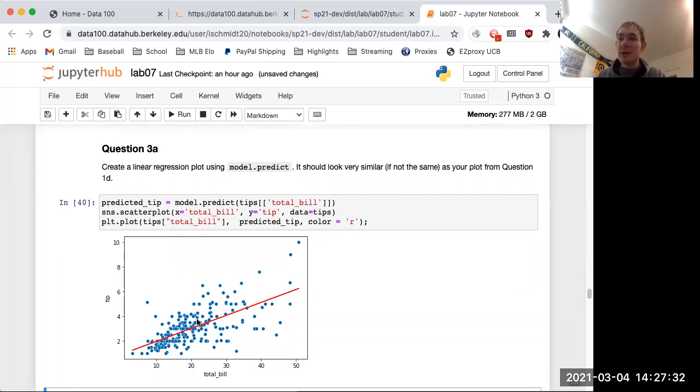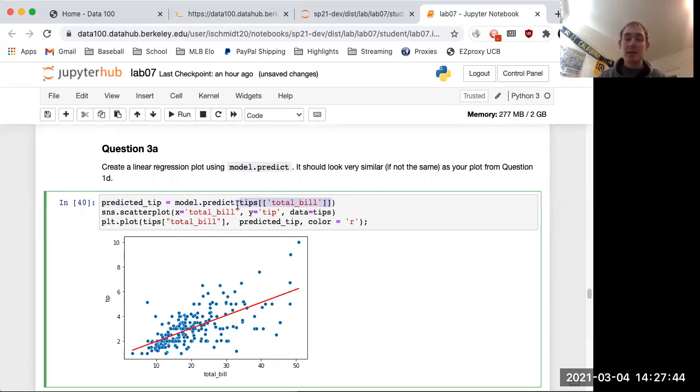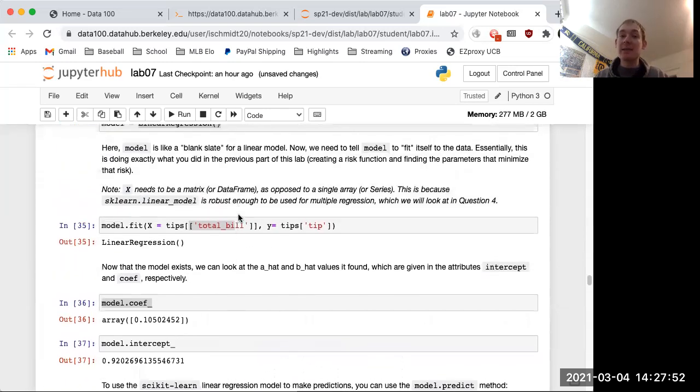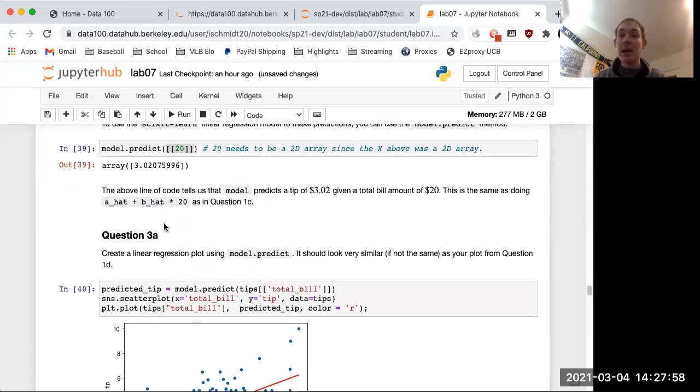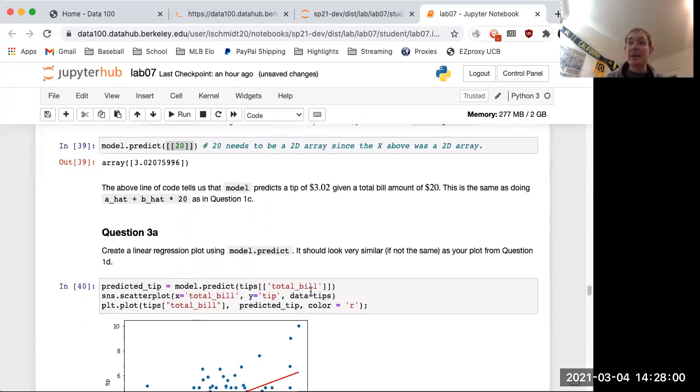One note that I'll mention now, but probably won't come up for a little while, but when it does, it's very important. Whenever you're calling model.predict, this takes in something, basically like your new x, and it has to be in the same format as the x which you passed into fit. Here we passed in tips total bill, and we're actually passing in the exact same data.